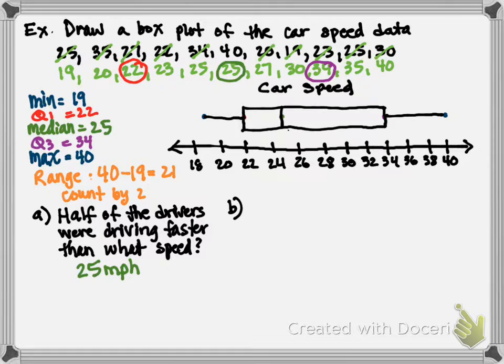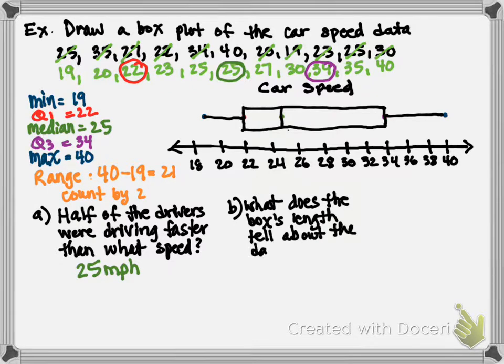What does the box length tell about the data? Okay, so if you notice, the left part of the box, so from quartile 1 to the median, is a lot shorter than from the median to the quartile 3.